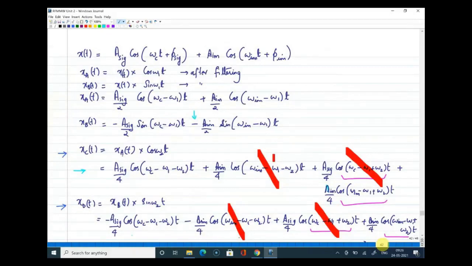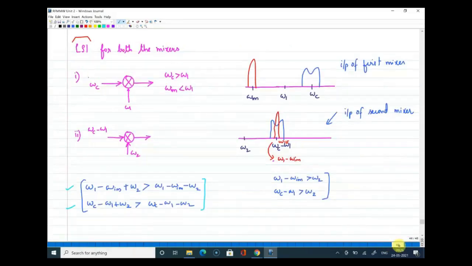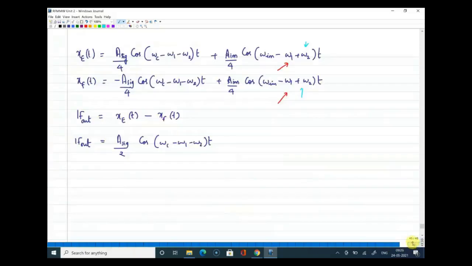What I'm checking now is whether this component is retained here. If there is a minus sign, then I need to change it, whether I need to subtract or add the components. If I consider that minus sign, will it affect the rest of the architecture? That is what I'm looking at.